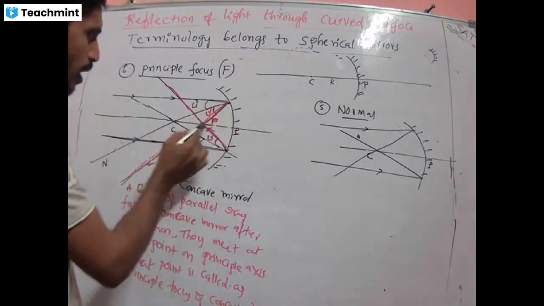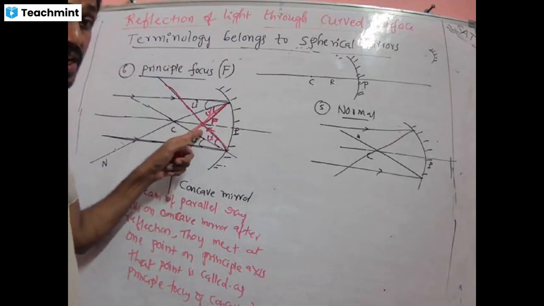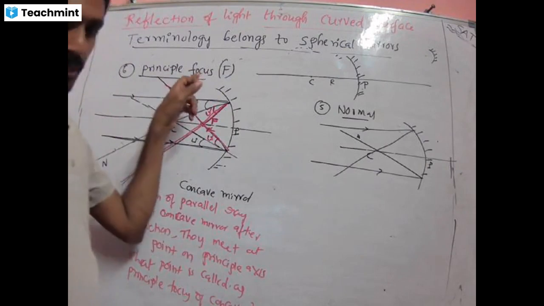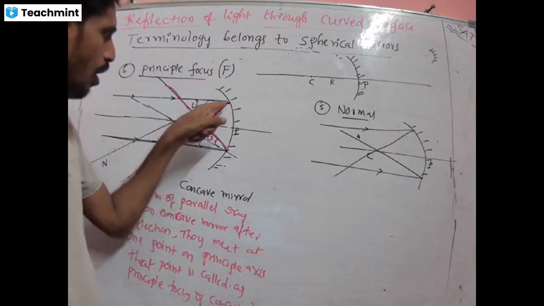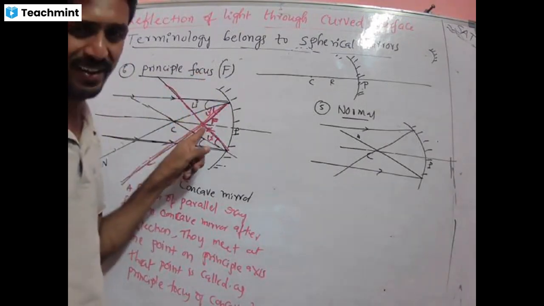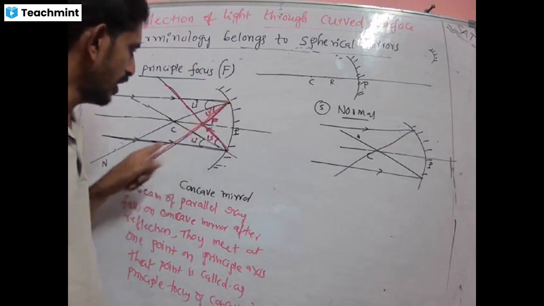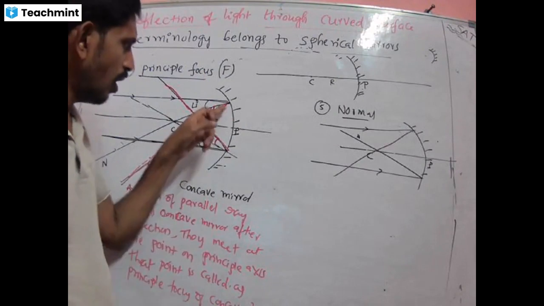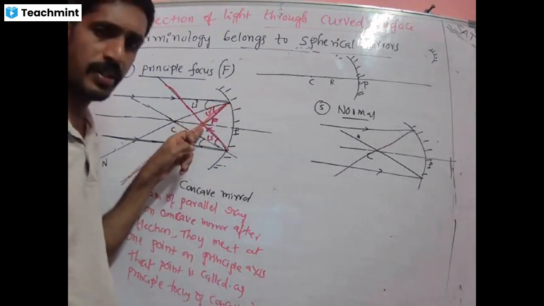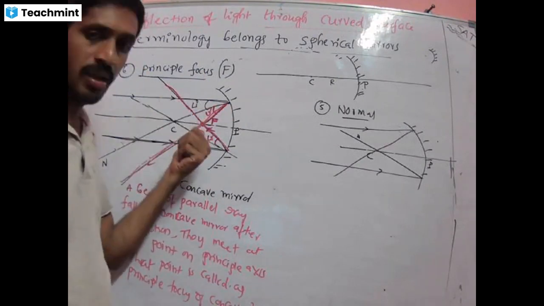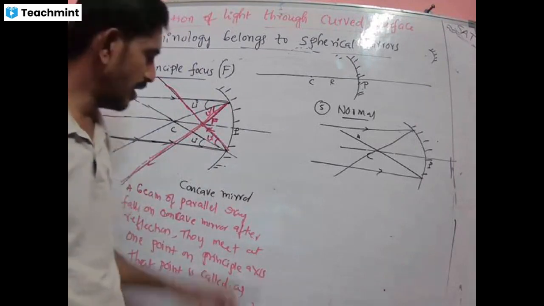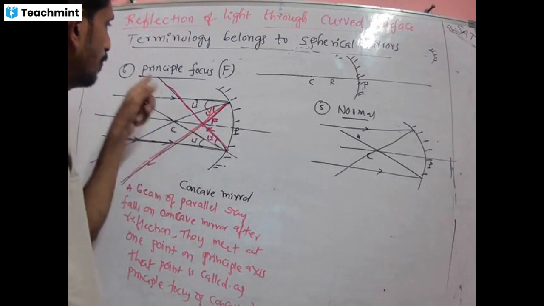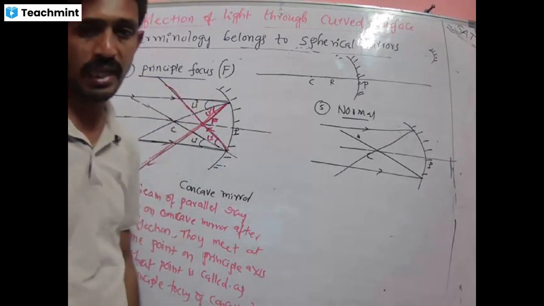After reflection, they meet at one point. That point is called the principal focus of a concave mirror. In the case of a concave mirror, all reflected rays are meeting at one point. They really meet, which means the concave mirror gives a real image. That point is called the principal focus of a concave mirror.